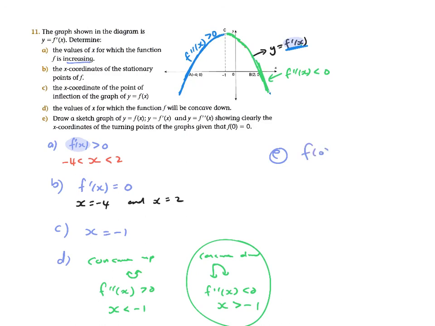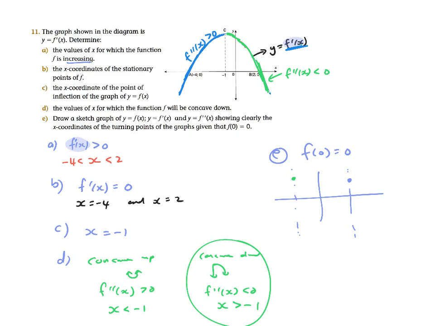So in other words, f of 0 is equal to 0. Let's just draw a graph of the derivative here. What do we know? At x is equal to minus 4, there's going to be a stationary point. And at 2, there's going to be a stationary point.